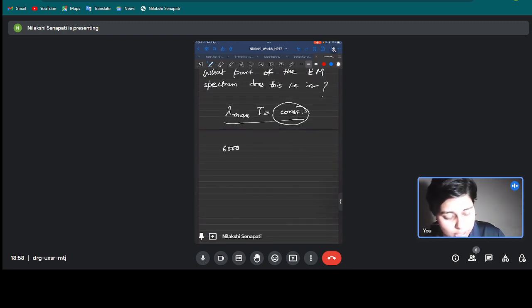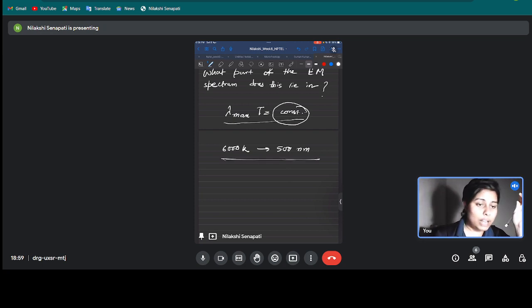These are the key factors that I am trying to give you, the notion of how to solve the problems, because you guys are facing problems in solving problems, as you told when the class started today. That's why I am elaborating in this way. Like at 6000 Kelvin we always get about 500 nanometer radiation.